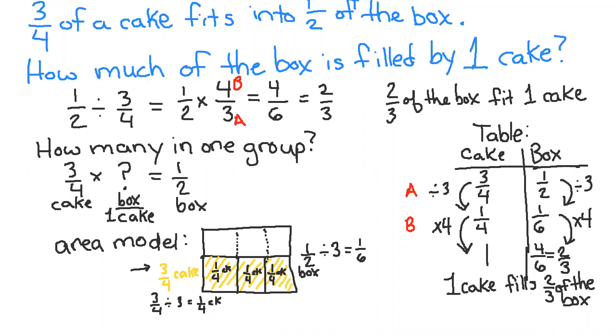In order to have a whole cake, we want to multiply our 1/4 size piece by 4 so that we could have 4/4 of a cake, which is 1 cake.